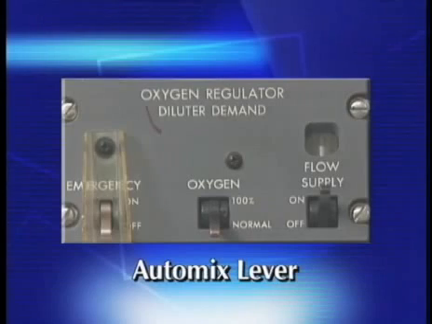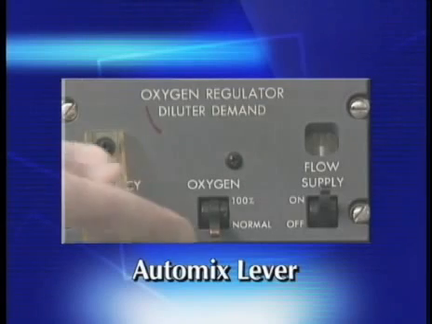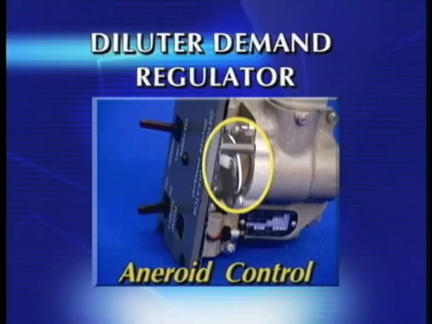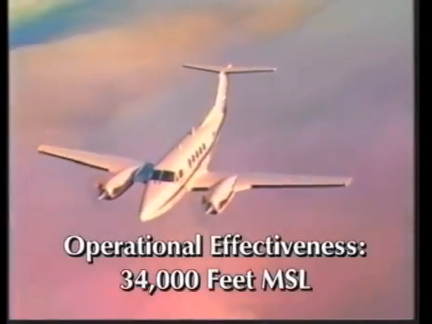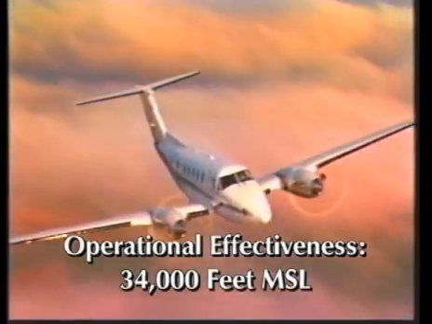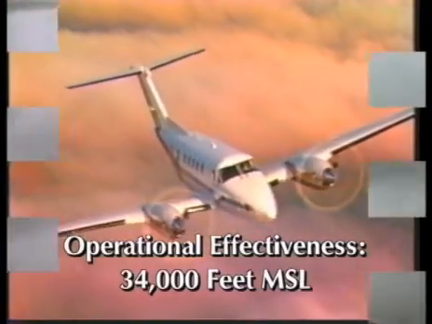It also incorporates an auto mix lever, enabling the user to select either a mixture of cabin air and oxygen or 100% oxygen. In the normal oxygen setting, the regulator uses an aneroid control to automatically adjust the percentage of oxygen delivered. These improvements have increased the operational effectiveness of such oxygen equipment to 34,000 feet mean sea level.